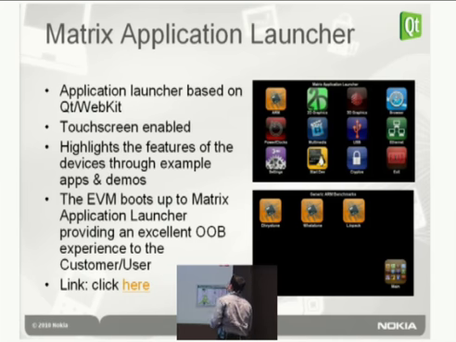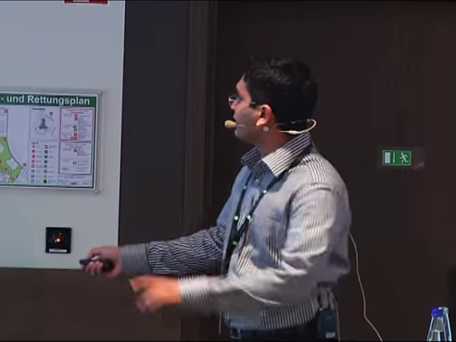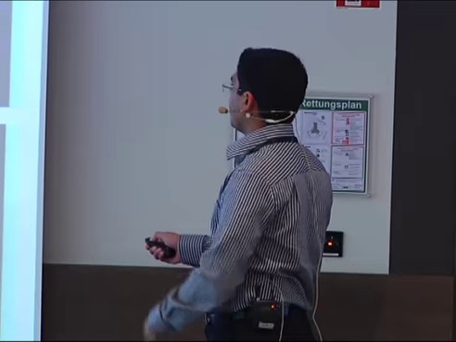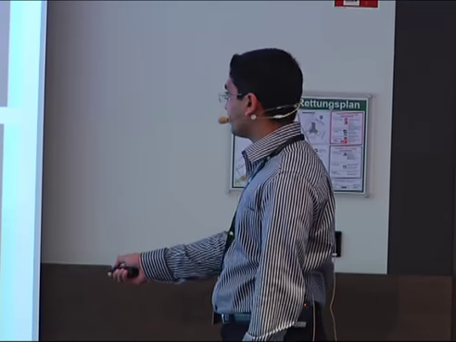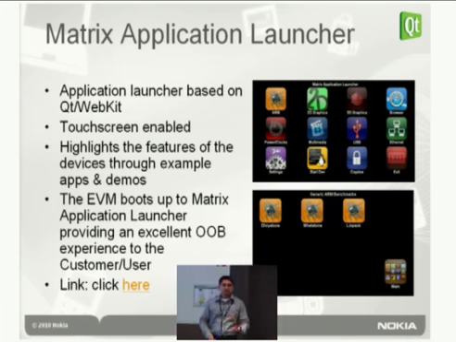One of them is the Matrix Application Launcher. As the name suggests, whenever our EVM boots up, it boots up into this screen. Any customer getting a delivery fires up the EVM, and they see this screen, they can play around with this demo. If they click ARM, they will get all the applications that show the benchmarks. 2D graphics, it will launch the 2D demos. 3D graphics, it will launch the 3D.